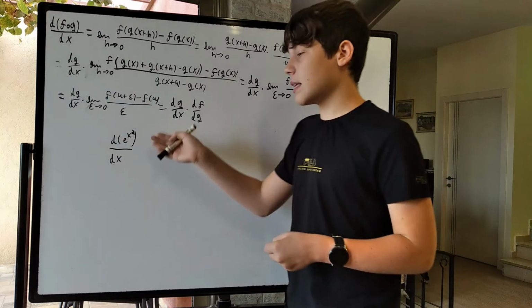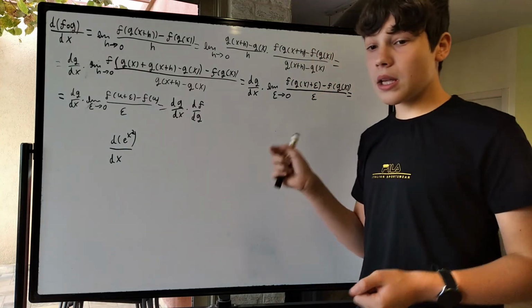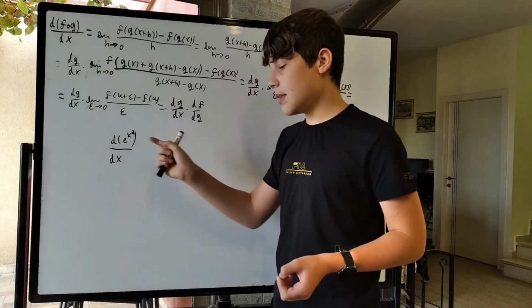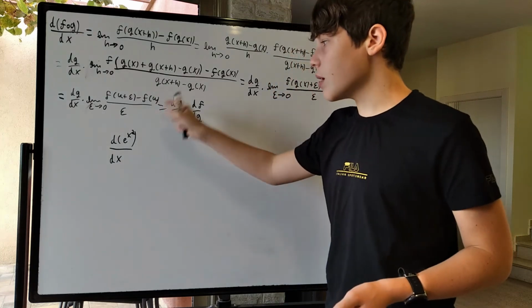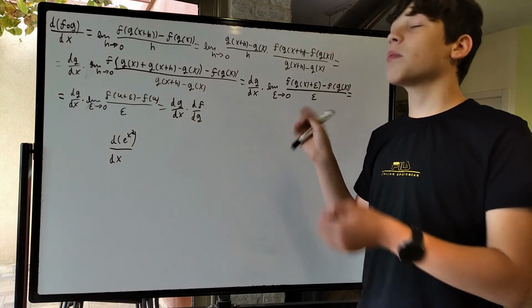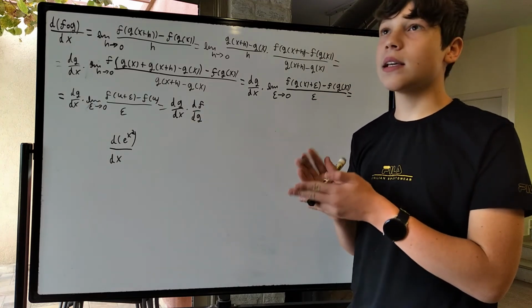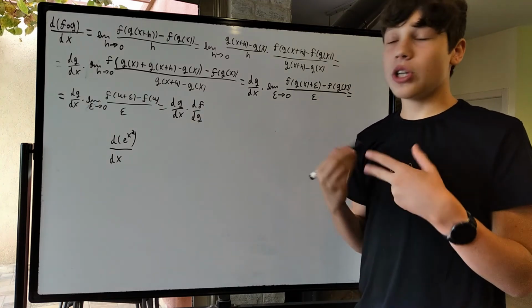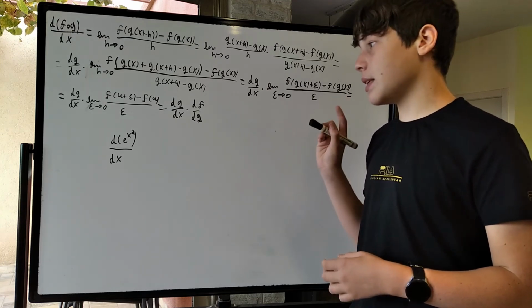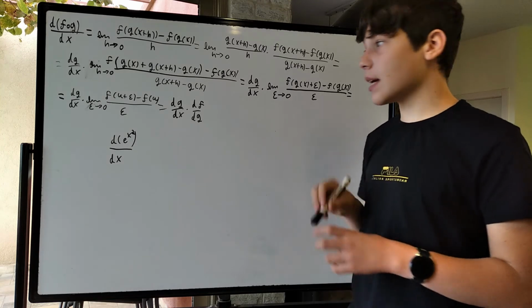Those are the two functions we're seeing, and one is inscribed in the other, so that's our two options. We can see that in our option, x squared is inscribed in e to the x, meaning we replaced x with x squared in our function e to the x, so our function f is e to the x, and our function g is x squared.